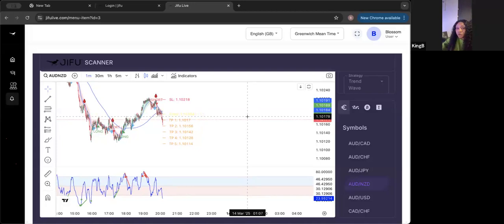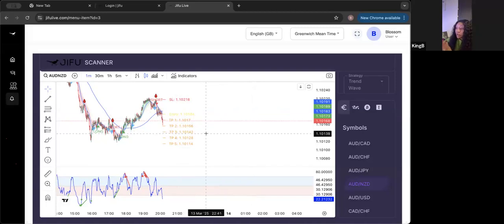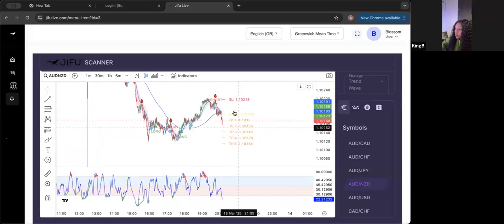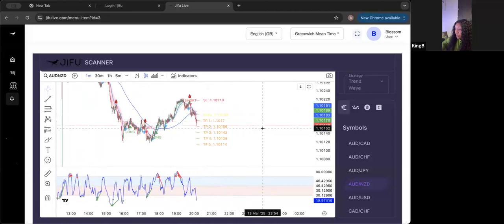So, guys, let me use this one as an example to go over it. Let's picture that AUDNZD, on all time frames, is calling a short. We understand the part that all time frames must say the same thing. So let's say all time frames are calling the same thing, and we want to take this trade on 1 minute.